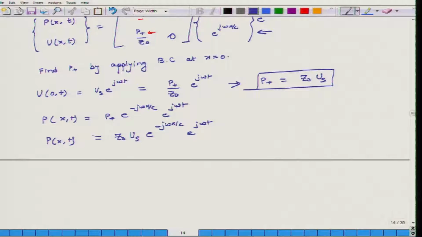Now let us look at the relation for power. We had defined power per unit area, and we are going to evaluate it at x is equal to 0.